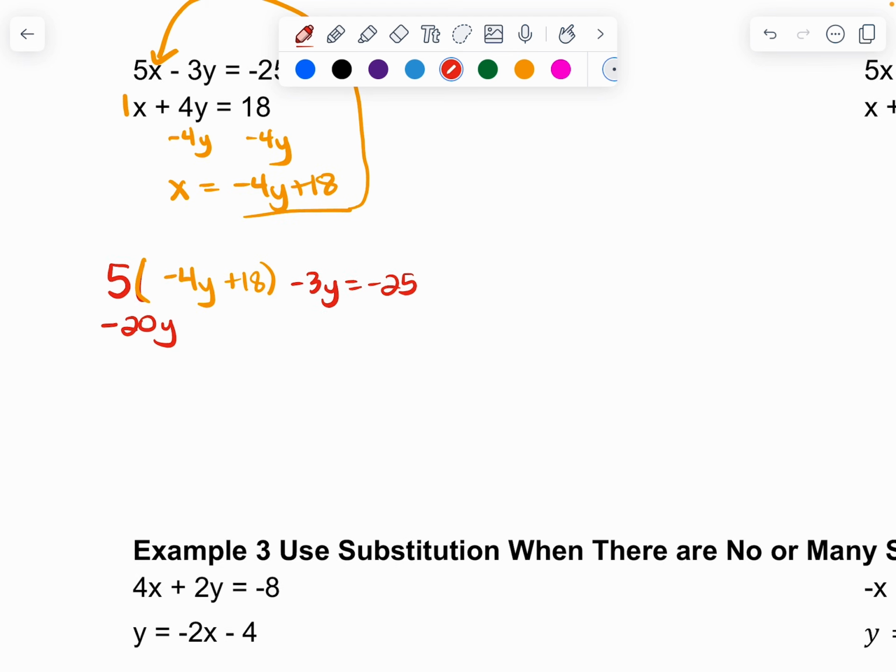Negative 20y minus, I don't know that off the top of my head. So 18 times 5, that's 90. Minus 3y equals negative 25. So it's going to get me negative 23y minus 90 equals negative 25, and solve this.